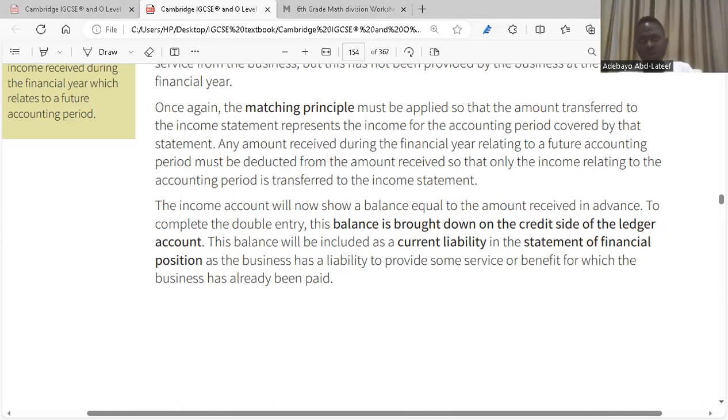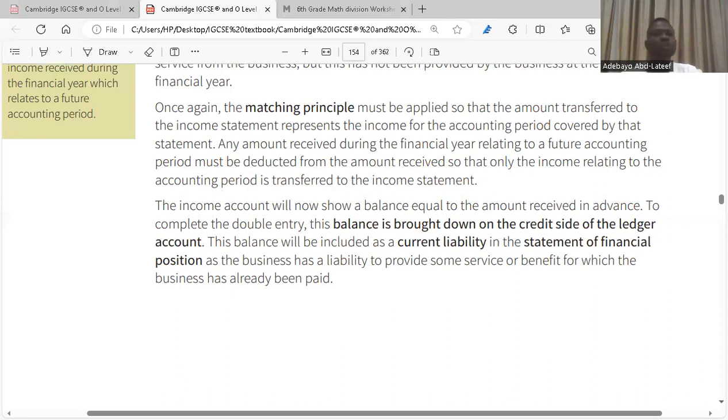For accrued income, what? Accrued income means a customer has paid you for certain services that you have not recorded for the year. You have not done the job for the year, but you have been paid for that job. That is why we call it accrued income.